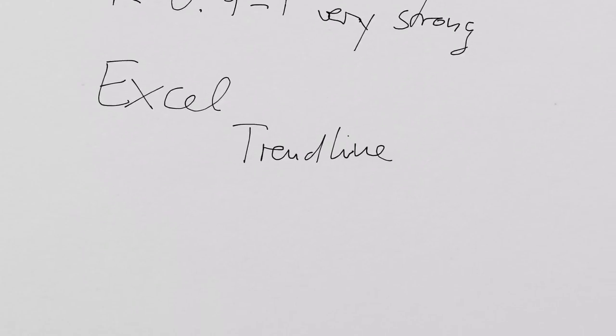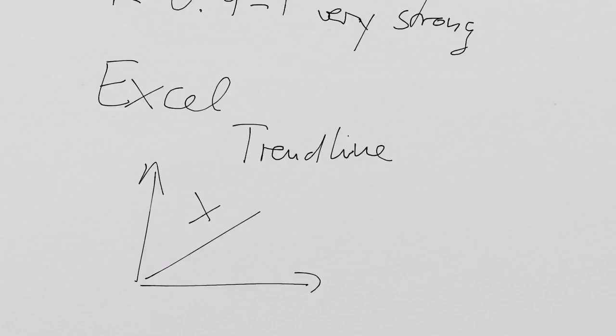So if you've got data like that, let me get this. If you've got data like that, then Excel can actually calculate what is called the line of best fit.